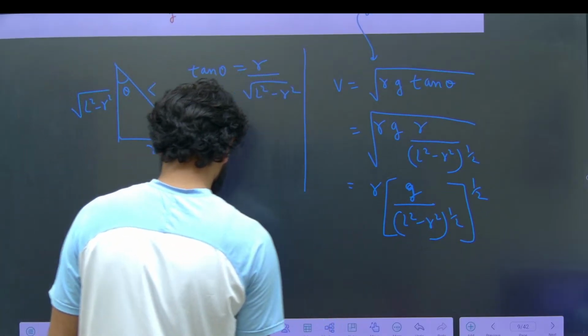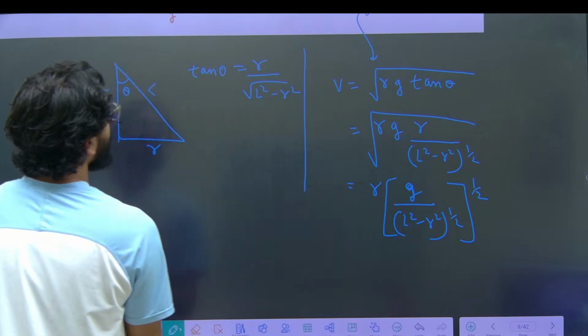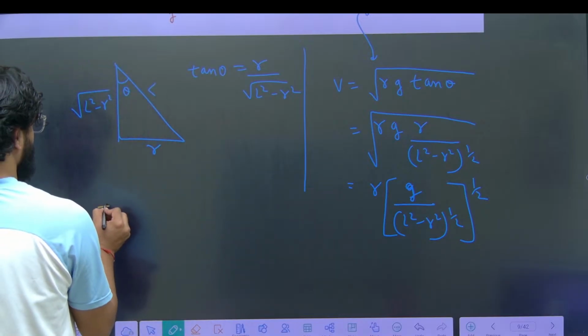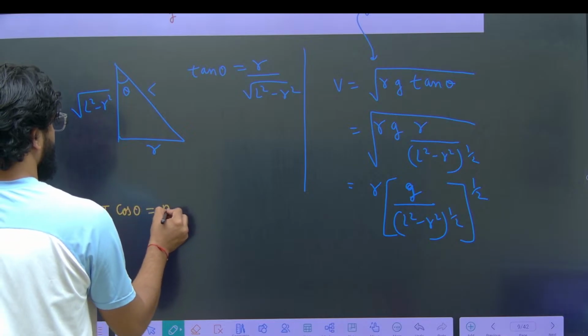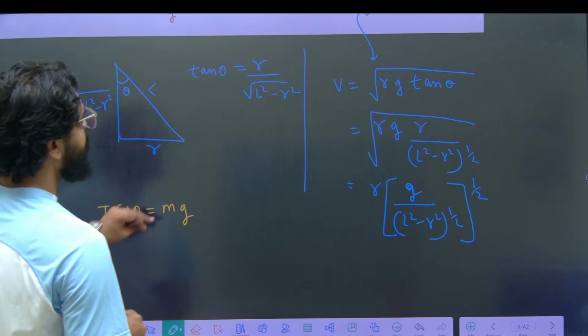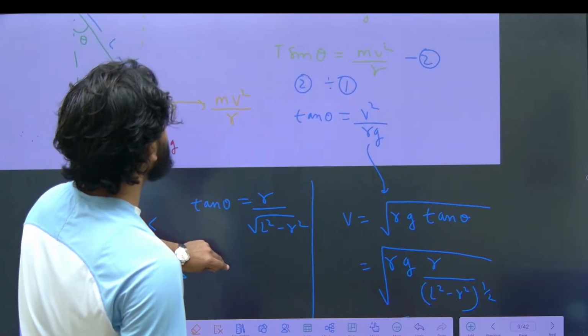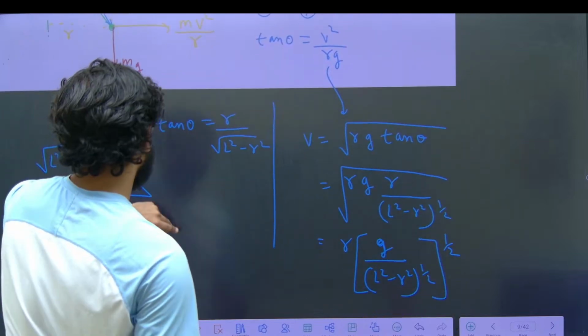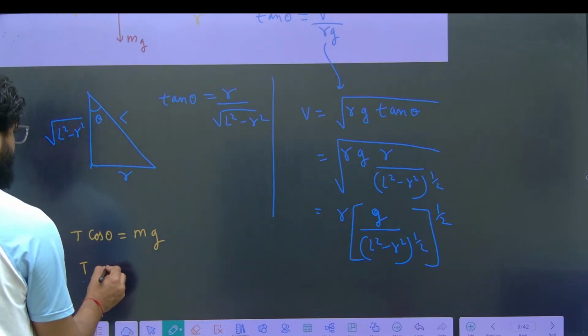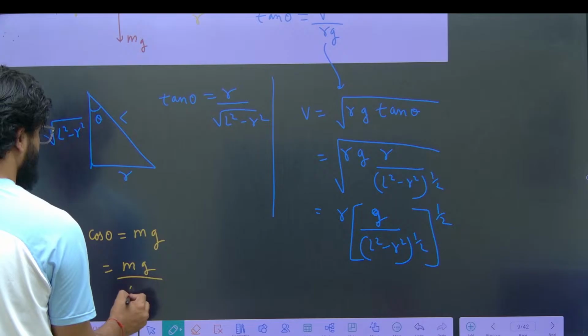So can we write T cos theta equals to mg? Is m there in the expression? Yeah, m is there, right? That's great. So T will be mg upon cos theta.